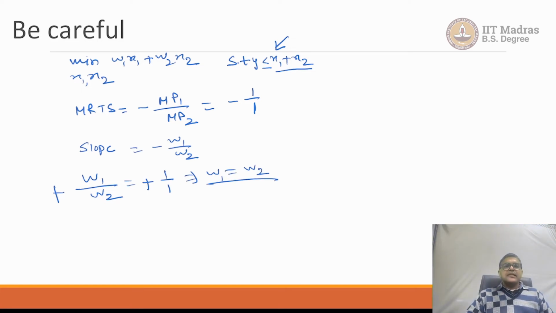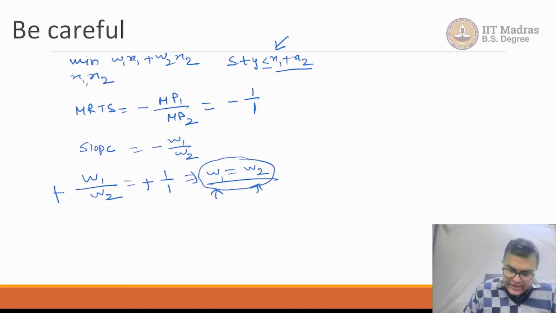But notice that W1 and W2 are not in control of the producer, the firm, the seller, because W1 and W2 are prices that these firms take as given. They are purchasing input from the market. So it's meaningless to say that W1 is equal to W2.